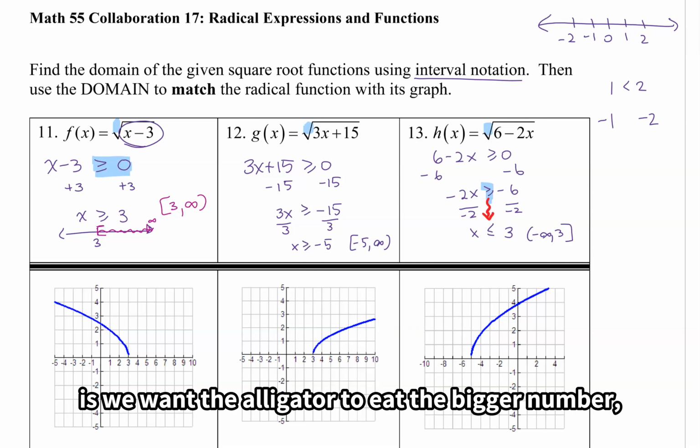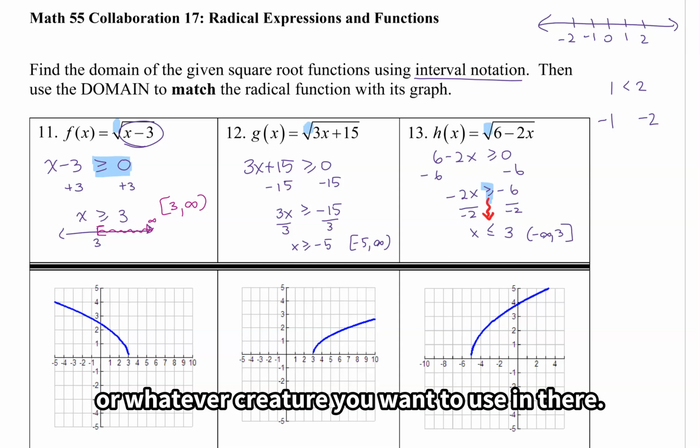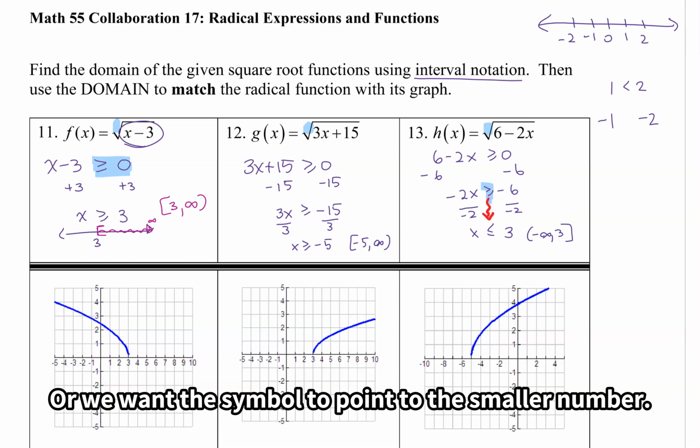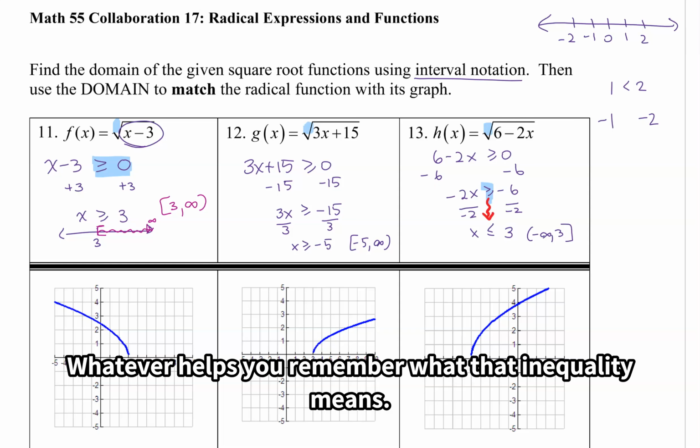Another way to think about it is we want the alligator to eat the bigger number. Or Pac-Man, or whatever creature you want to use in there. Or we want the symbol to point to the smaller number. I've seen that before. Whatever helps you remember what that inequality means.